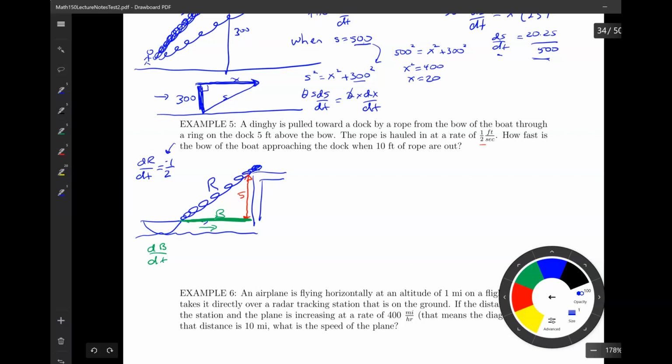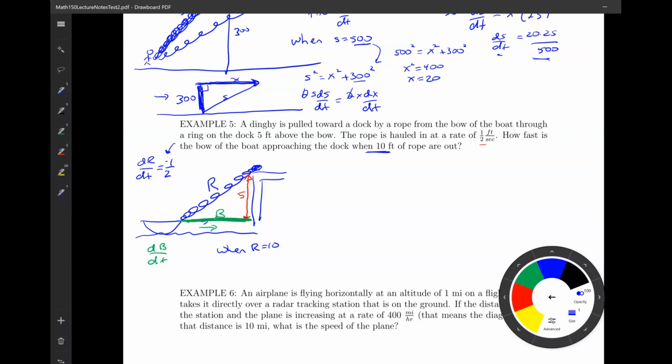All right, so I've got my given rate, my find rate. What's my when information? How fast is the bow of the boat approaching the dock when 10 feet of rope is let out? So when R is equal to 10.